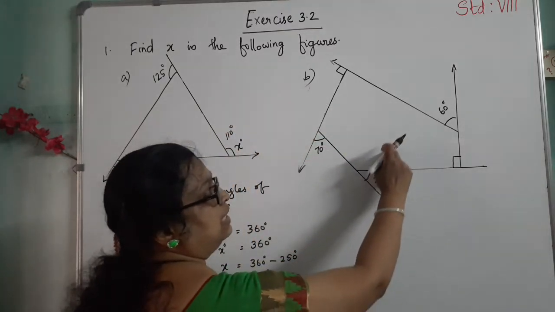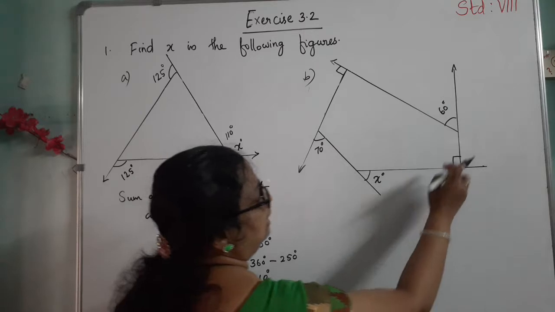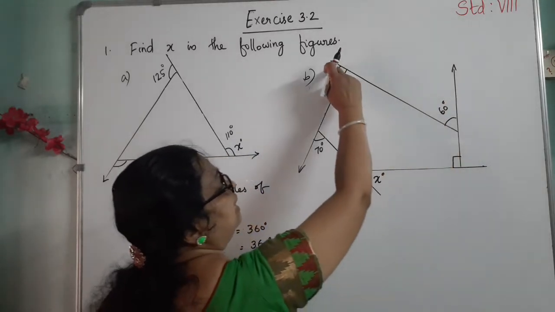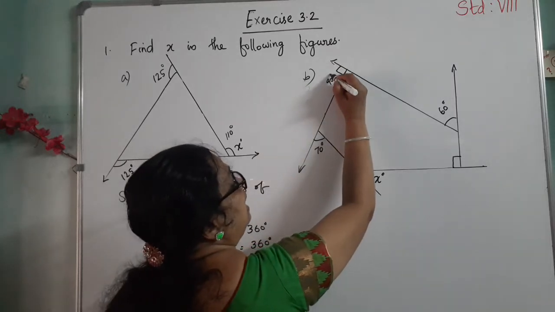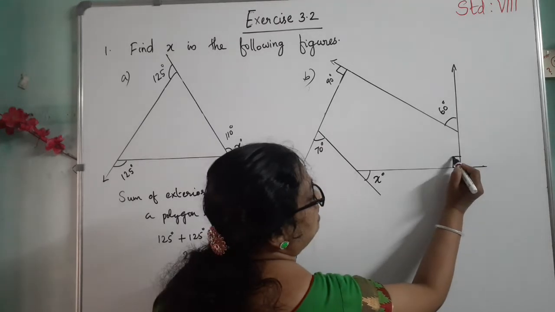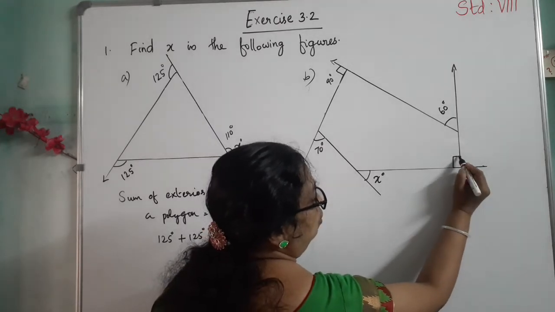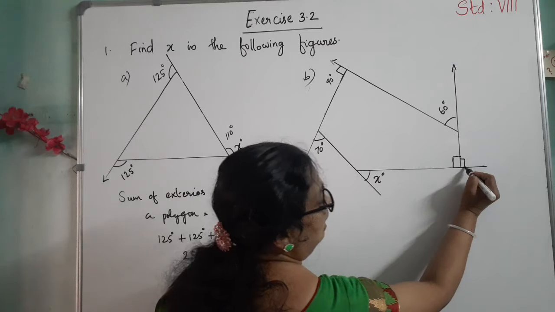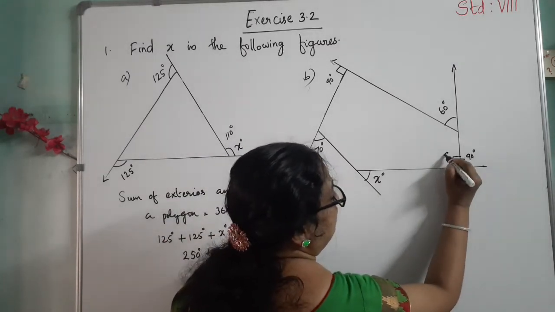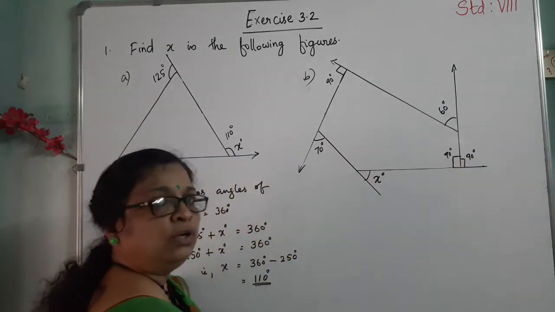Then next, B is a pentagon, 5 sides are there. Here this exterior angle is 60 degrees, here this symbol shows this is 90 degrees, here 70 degrees, here x, here the symbol shows this is 90 degrees. So this angle and this angle form a linear pair, so it is also 90 degrees.